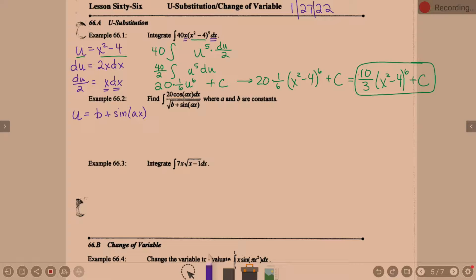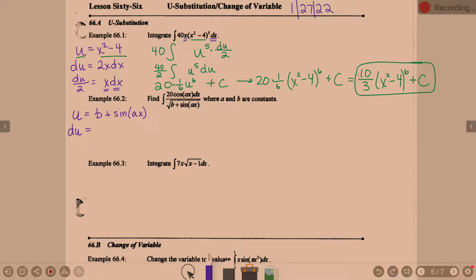But notice a and b are what? Constants. So you have to think of a and b as numbers. When you take these derivatives and do these integrations, they are numbers. Okay? So either now or later, let's go ahead and take the derivative of u. Derivative of u is du, just 1 du. Derivative of b plus sine ax.